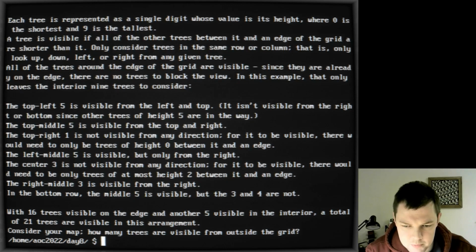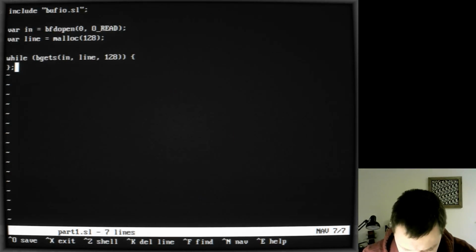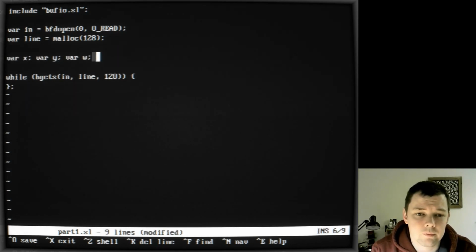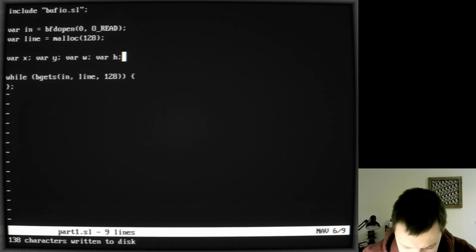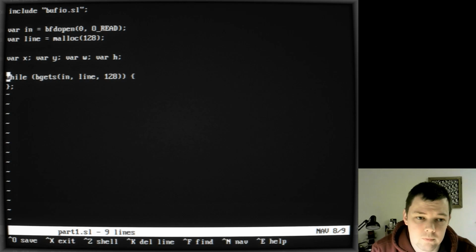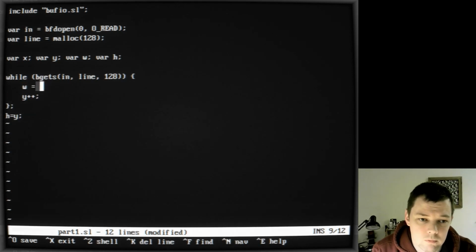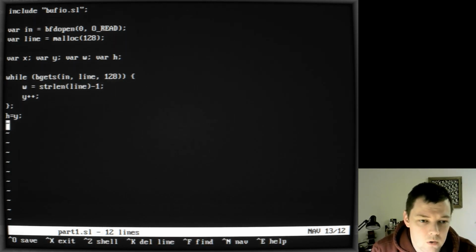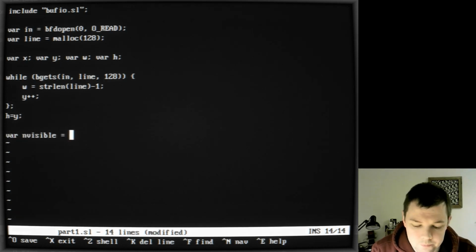Okay, I will give it some silent contemplation. Well, we've got the top row plus the bottom row plus the two sides.